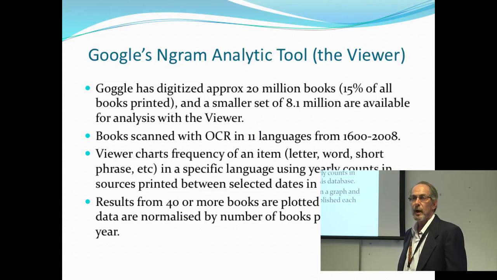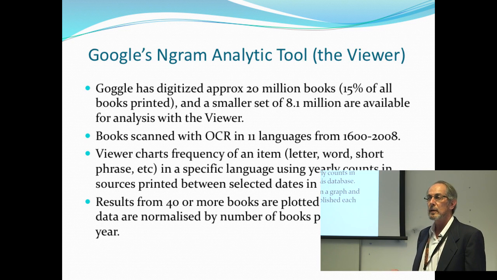For those of you who are not familiar, Google has digitized approximately 20 million books. It's about 15% of the printed books. The smaller set, about 8.1 million, are available for analysis with the Viewer, and that's what you're going to see during this presentation. Now, the books are scanned with OCR, optical character recognition, which when they started the process was highly flawed.